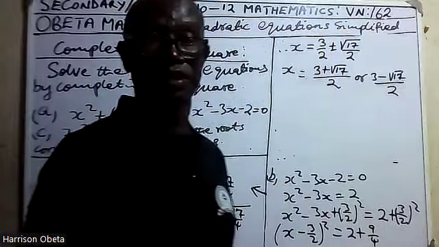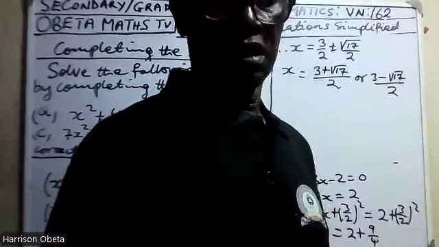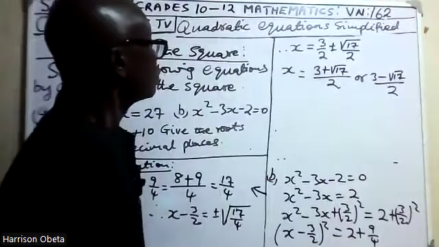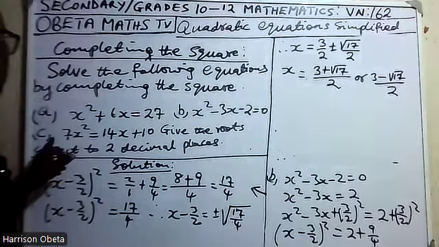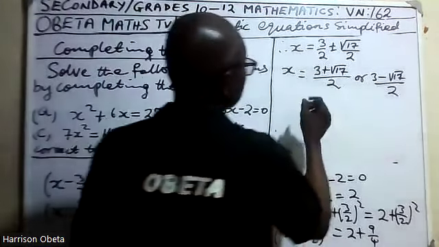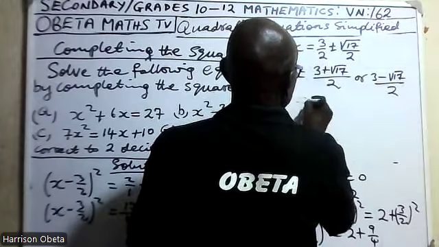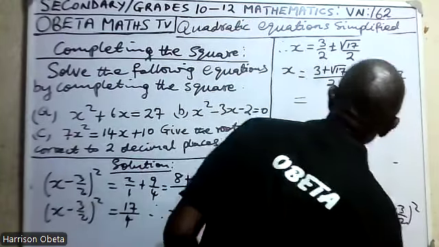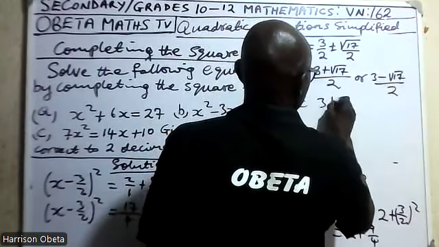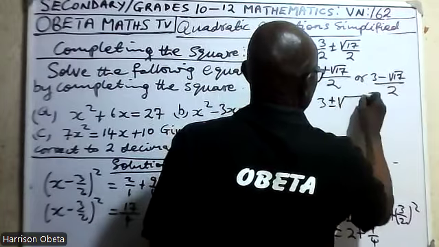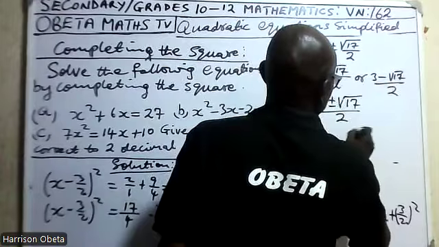So we'll continue with question C. We have concluded this. We can also express it as bringing them together, and I express it as 3 plus or minus square root of 17 all over 2.